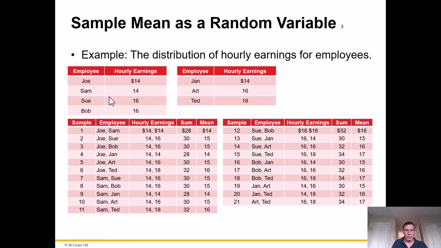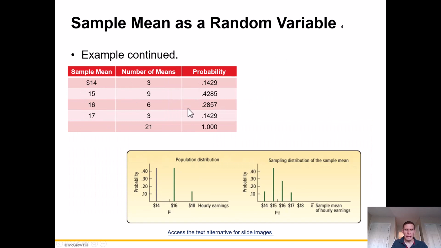If I go back here really quick, remember the mean is the average, because you might be looking at the 17 and saying, I don't see a 17, but remember that is the average, right? Then they're saying 3, 9, 6, and 3, all out of 21. And then we're calculating our probabilities. 3 over 21 is going to give you 0.14. 9 over 21 is going to give you, call it 43%, 0.4285. And 6 over 21 is going to give you 0.2857.